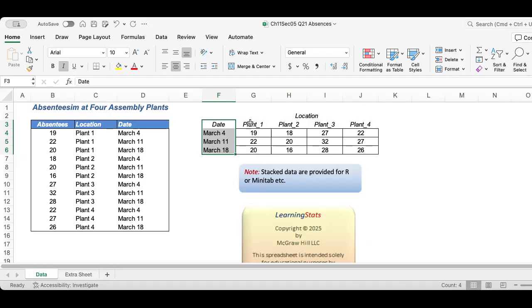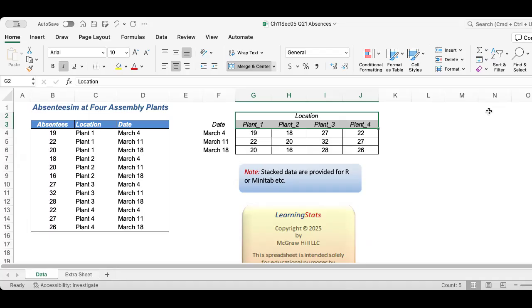How about the column null hypothesis? There's no particular difference between which plant you're at as to how many people are absent.